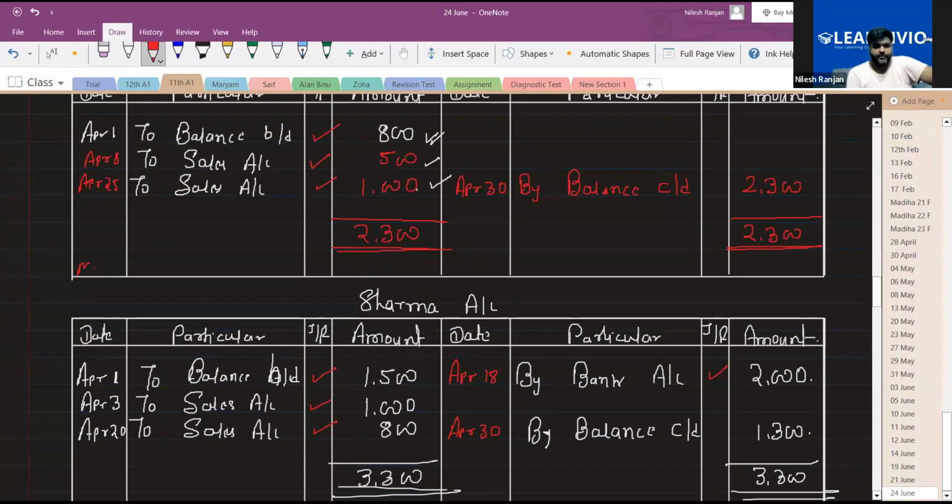This will be May 1st, to balance. The same balance will come here on the opposite side after total, meaning in the next period, you can say 2,300.